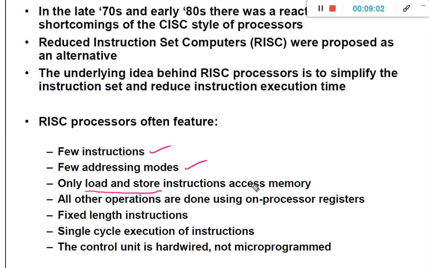We cannot directly access the memory from the operation code itself, that is from the mnemonic. Initially we have to load the content and preserve it in the processor registers. That's why we need plenty of registers. All other operations are done using processor registers. So there will be a huge number of processor registers.